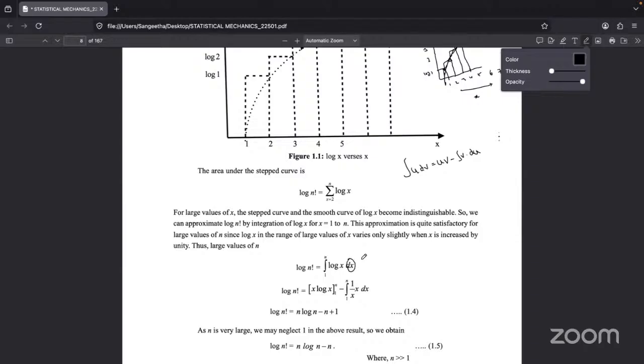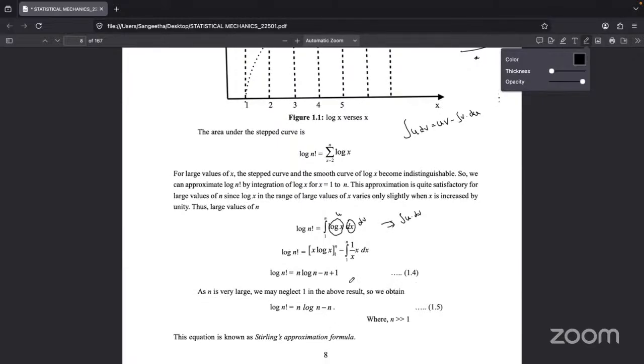Here this dx is considered as dv, and log x is considered as u. So this expression represents integral of u dv. To this one, apply the formula. u means log x is taken as it is. dv means dx, and its integral v is x.